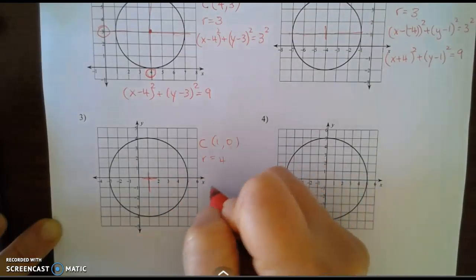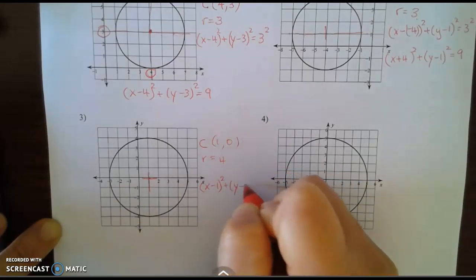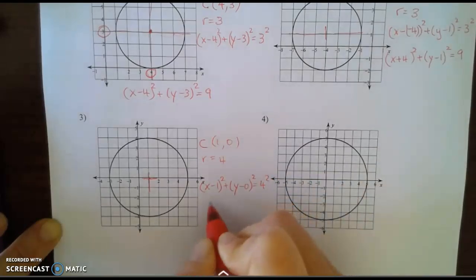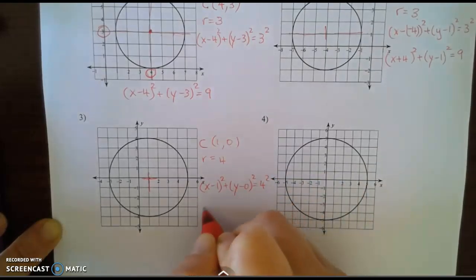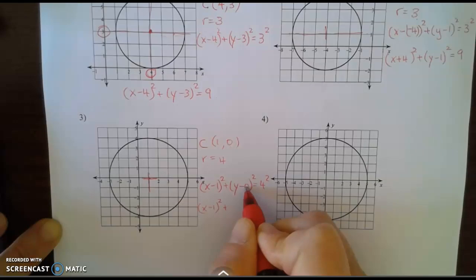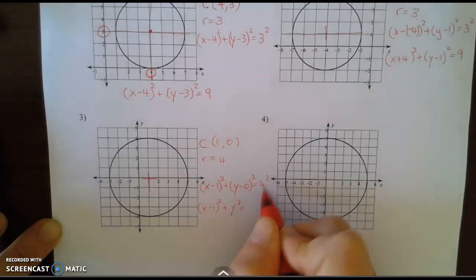So the equation becomes (x minus 1) squared plus (y minus 0) squared equals 4 squared. Now (x minus 1) squared you cannot do anything about. What about y minus 0? It's just y. So it just becomes y squared equals, what's 4 squared?